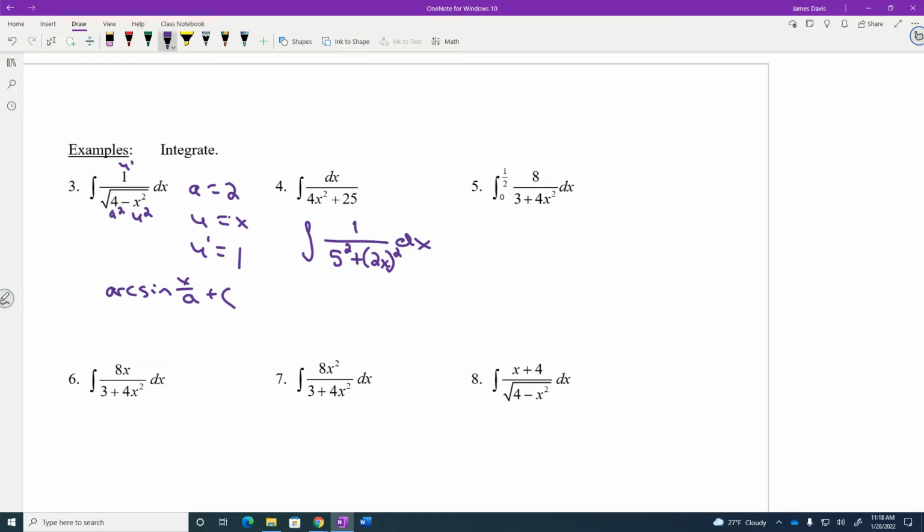So then it's a little easier to pick out our things here. We're going to do the same thing. Our a is going to be 5. Our u is going to be 2x. And then u prime is 2.